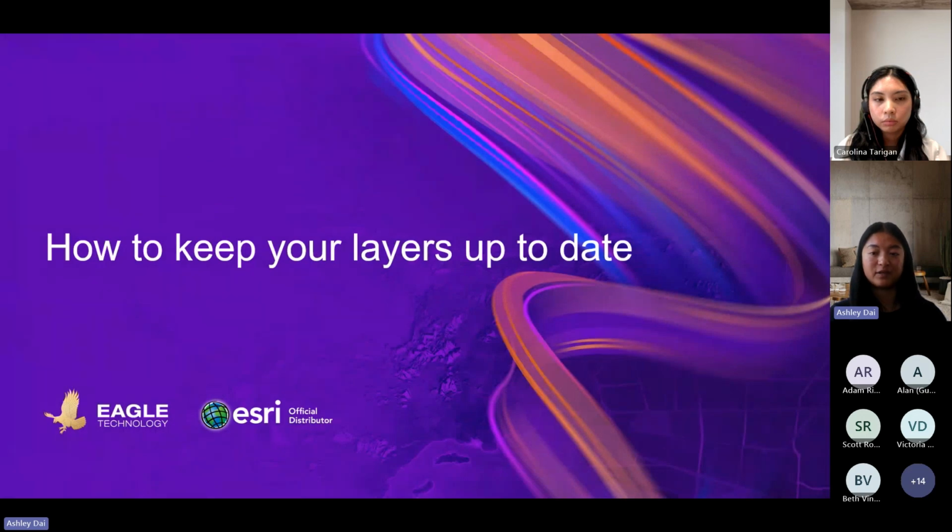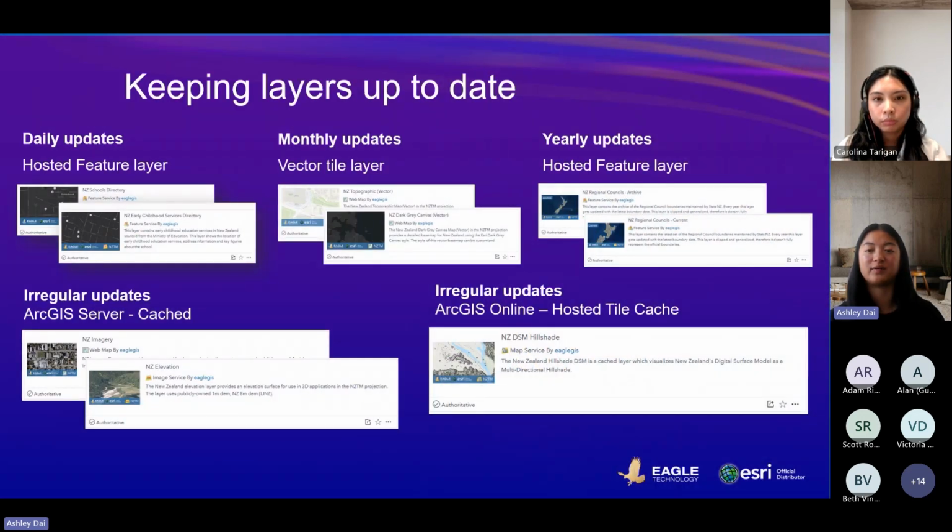At Eagle, we do publish a lot of layers. These layers are continually updating. They're being updated daily, some monthly, and some yearly. For example, we've got the skills directory that's updated daily, but then we've got our council boundary layers that are updated annually.